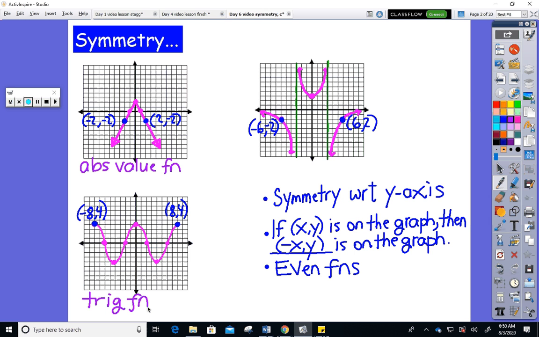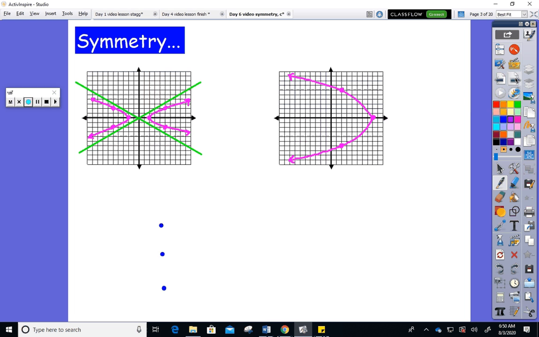Now on this last graph, the dark green lines are supposed to be vertical asymptotes. So when you have a graph that's in pieces like that, it's a rational function. So we're going to work on, especially next chapter, recognizing your families of functions.